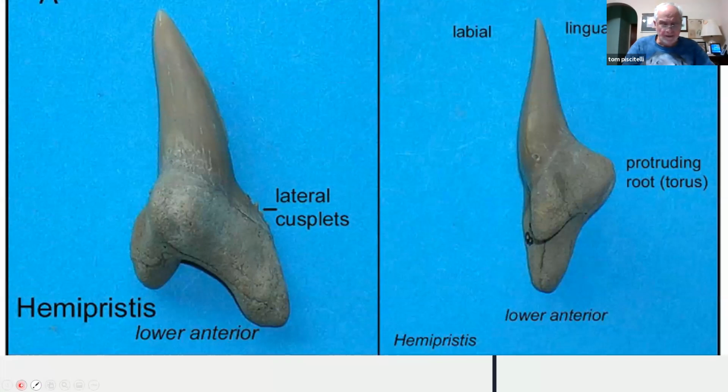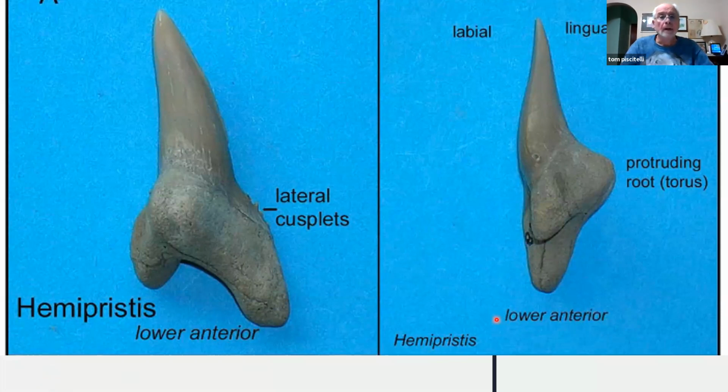Just look at the left side picture. Which side of the tooth is shown? It is the lingual side, which faces the inside of the shark's mouth. Now look at the picture on the right side. It is a side view of this same tooth, which has the labial and lingual sides labeled. Below the tooth is the term, and if you would, Bronwyn, mark that, lower anterior.